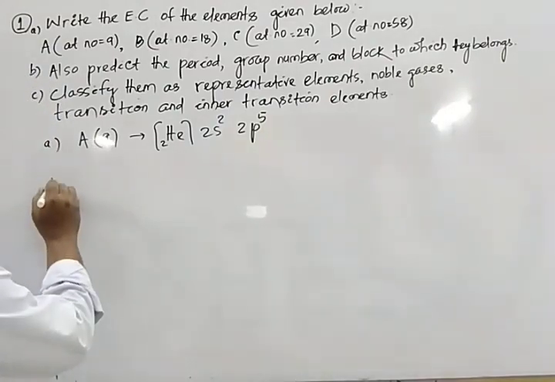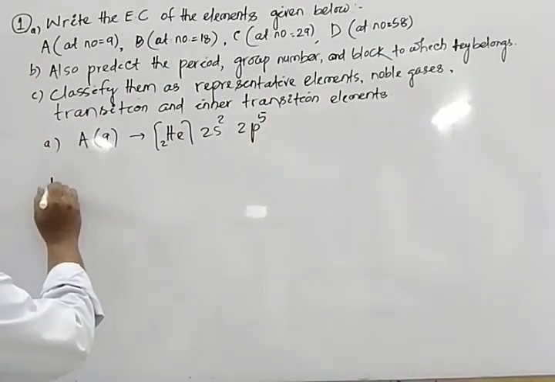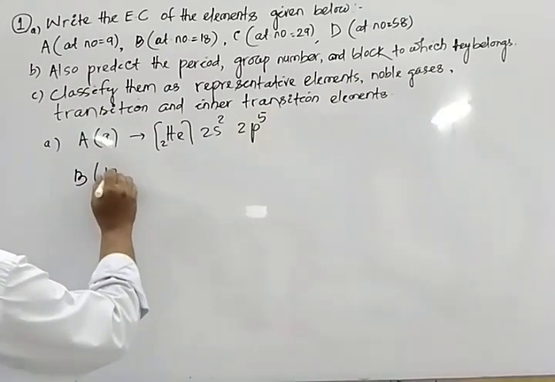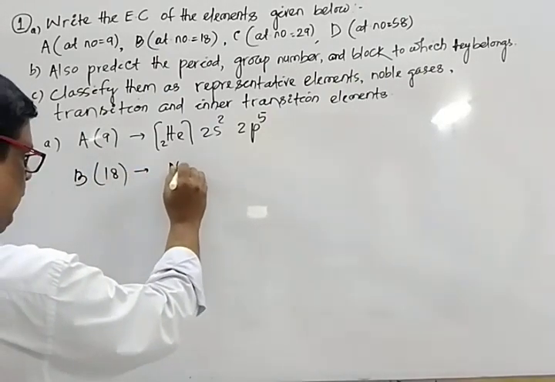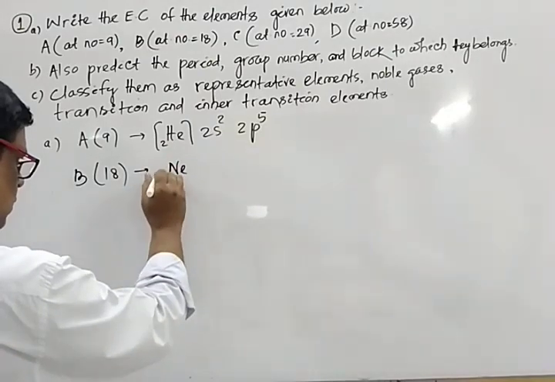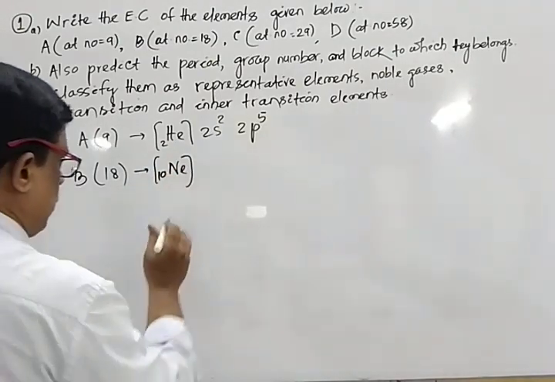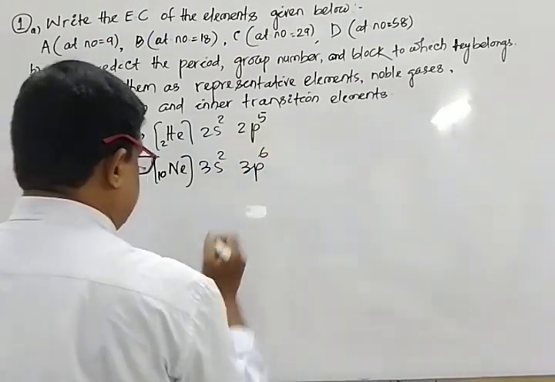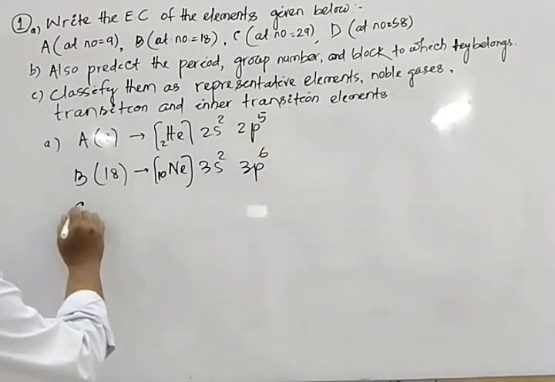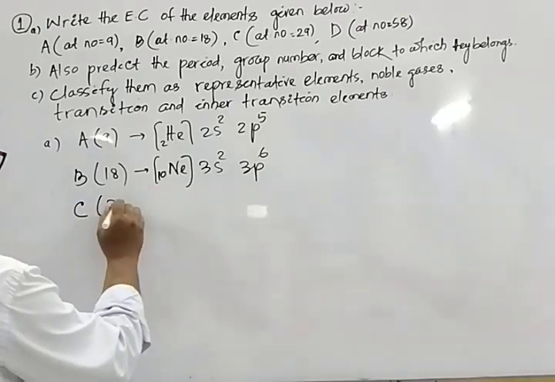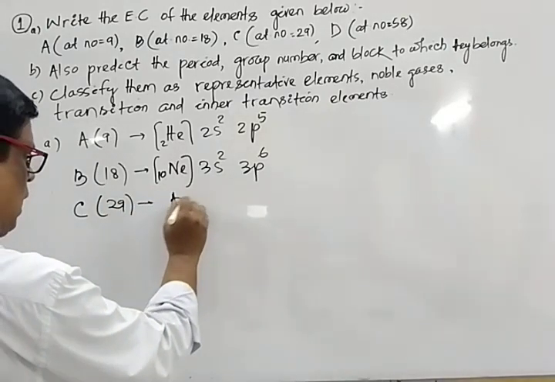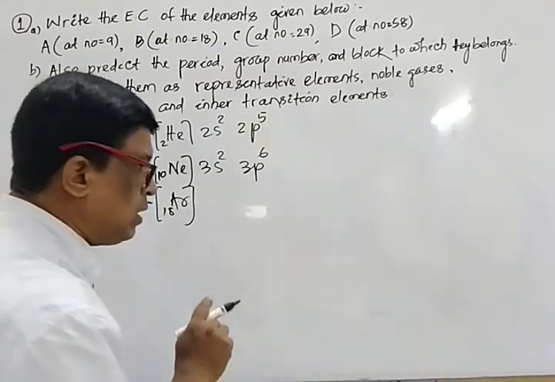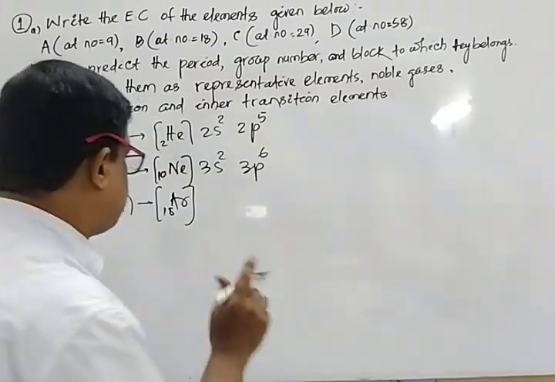Next, B, atomic number 18, neon 10, that means 1s2, 2s2, 2p6, 3s2, 3p6. Next, C, 29, that is argon 18, means it covers 1s2, 2s2, 2p6, 3s2, 3p6.